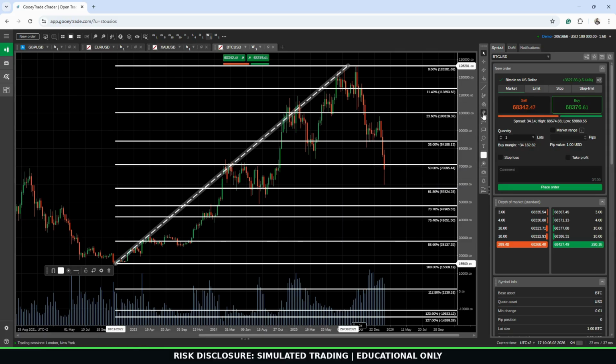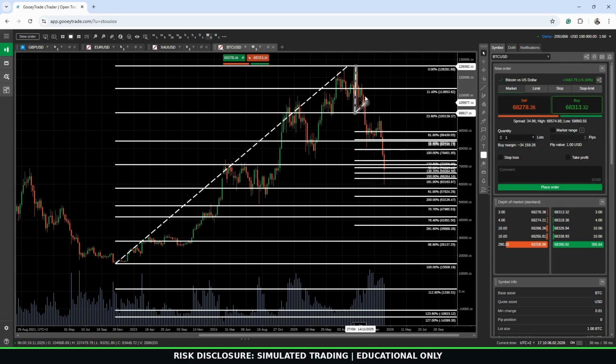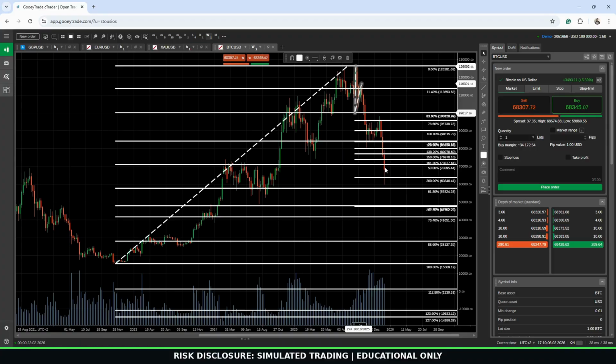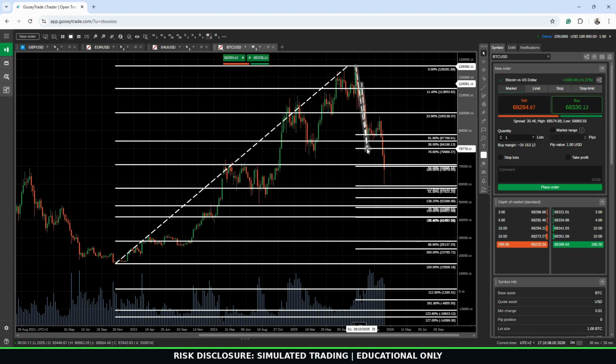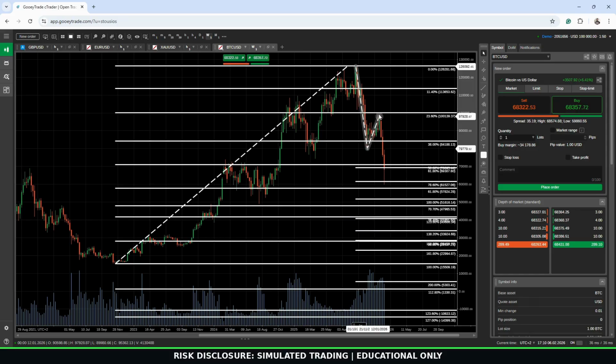Whereas from top to bottom, taking the last leg to the downside, we are looking at the 161.8 Fibonacci. In fact, I should have done that. And there we go, 78.6.